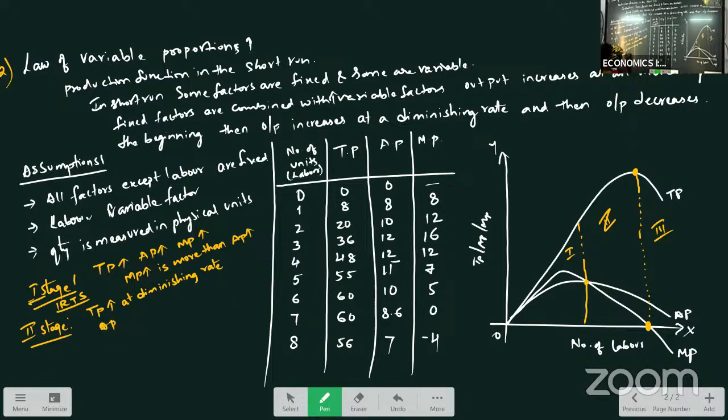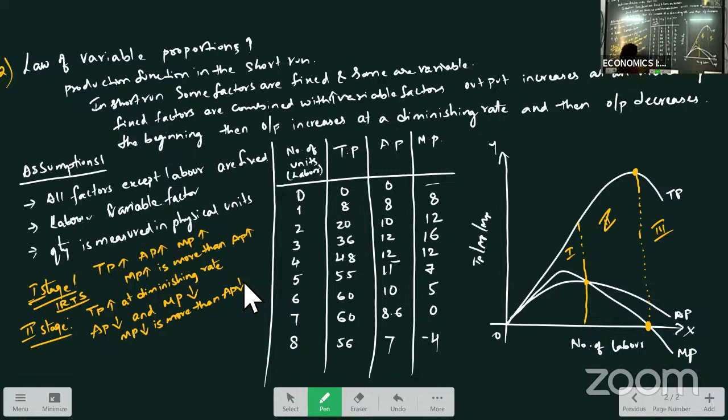AP decreases and our MP also decreases. But MP decrease is more than AP decrease.